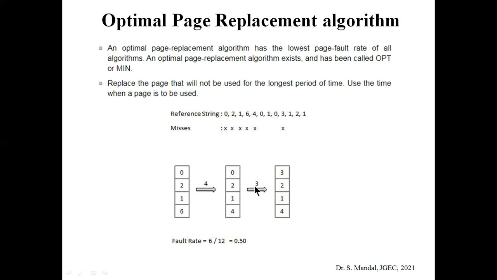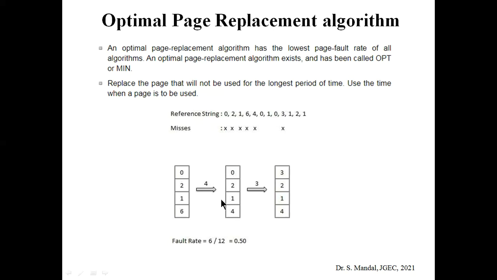Page number 3, so we need to replace some page. After 3, which page is not used? We already have 0, 2, 1, 4. You can see that 0 is not used after 3.